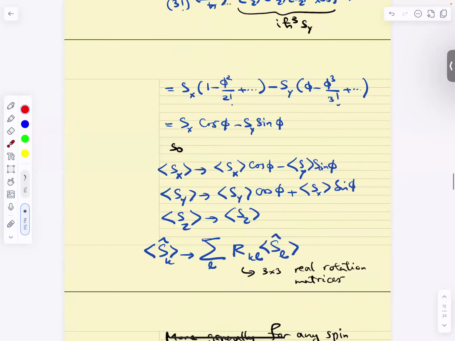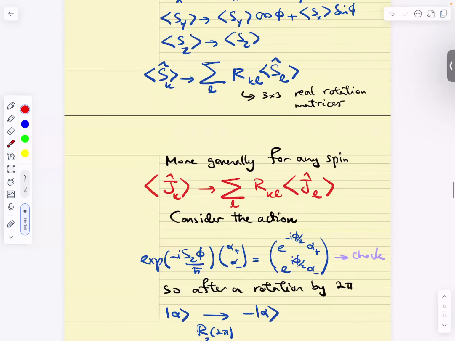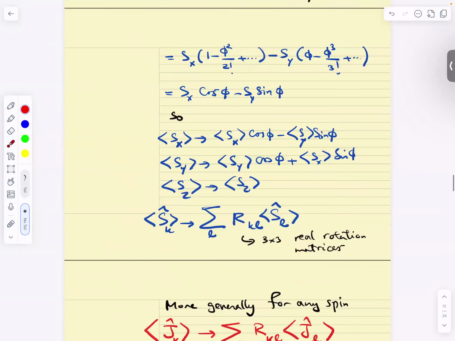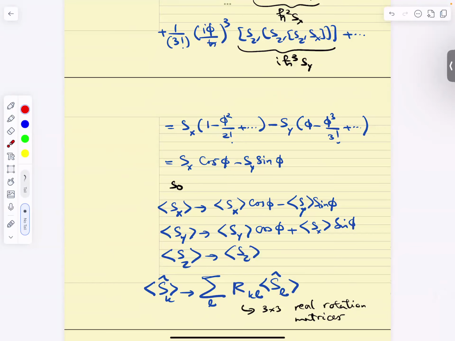All right, here's how the expectation values change. If you did this calculation for all of them, Sx goes this way, Sy goes this way, Sz goes this way. So what does this mean?